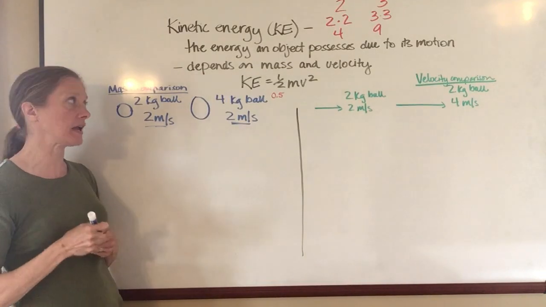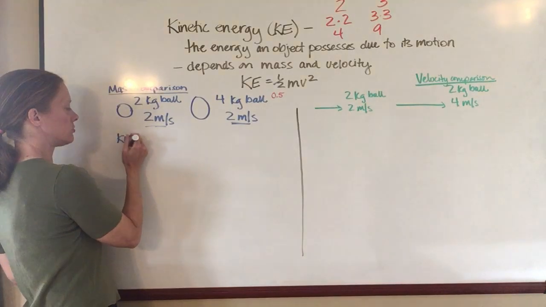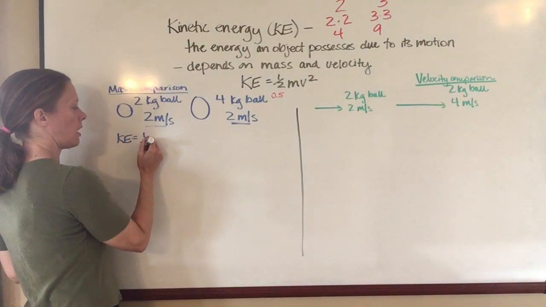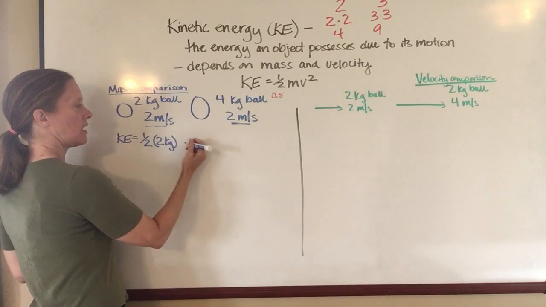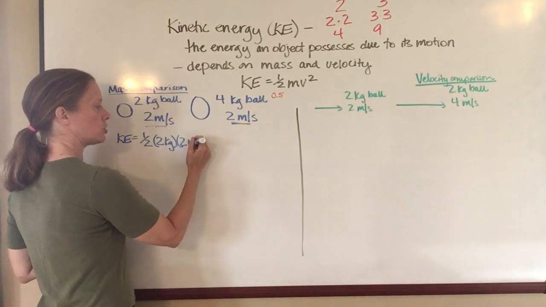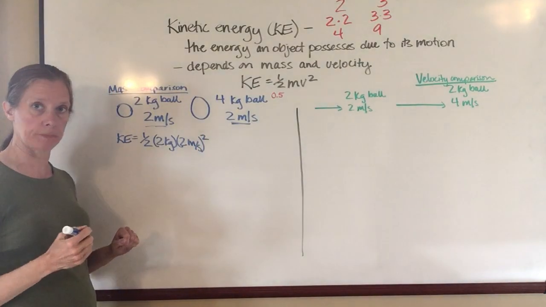So let's calculate the kinetic energy and let's see where we are. The kinetic energy of this one is going to be 1/2 times the mass, which is 2 kilograms, times the velocity, which is 2 meters per second, and I'm going to square that whole thing.